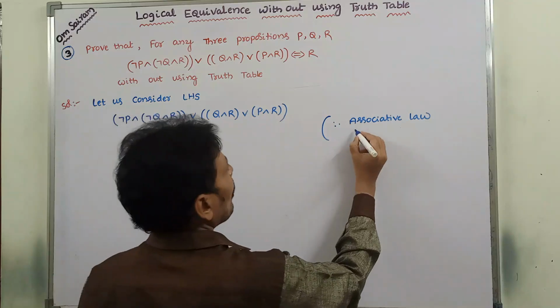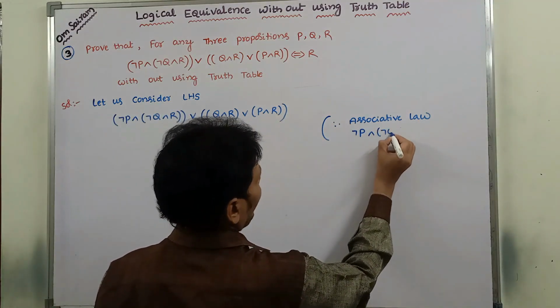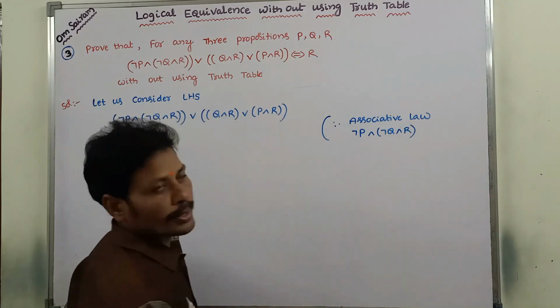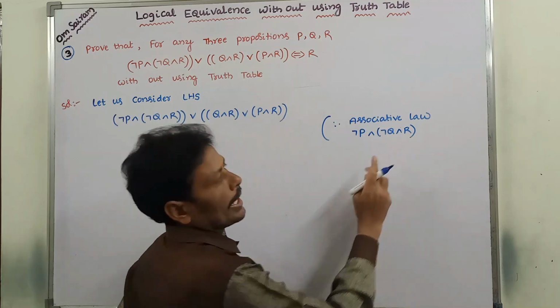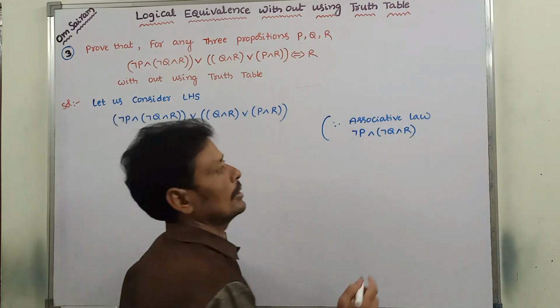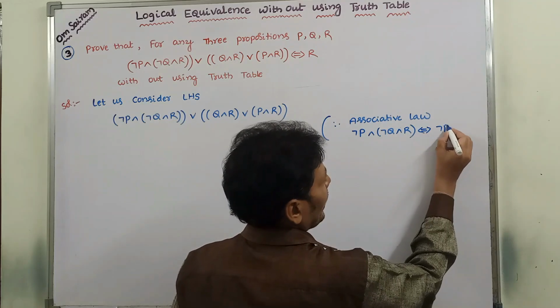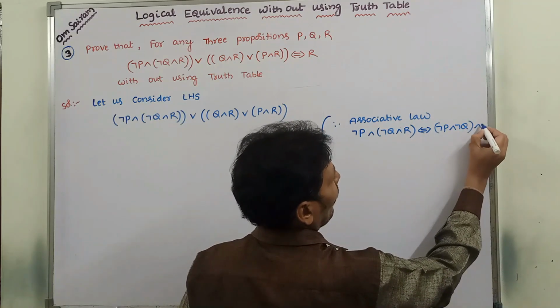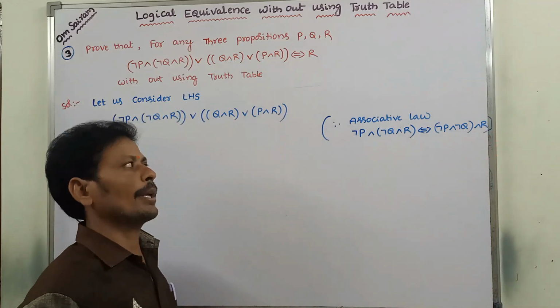How are we applying it? Negation P and negation Q and R. I am taking this one. The parenthesis is for negation Q and R. So it is logically equivalent to negation P and negation Q and R.